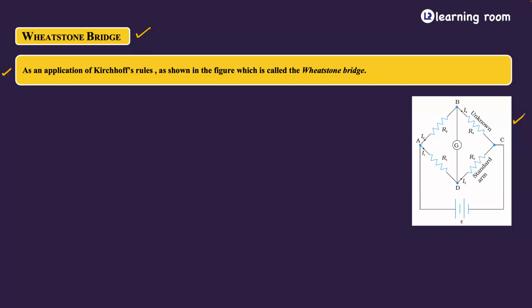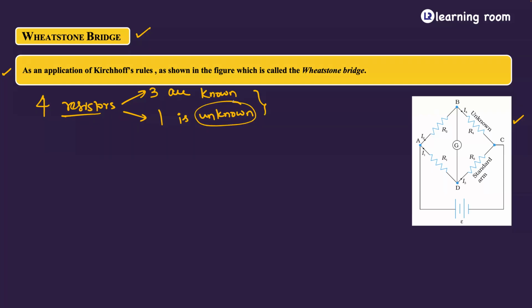Now, why do we even need this kind of circuit? In a real-time scenario, if I give you 4 resistors, out of which 3 are known and 1 is unknown, our interest is to find the value of the unknown resistance with the help of this circuit. We take the 3 known resistors and connect them in the format of a quadrilateral, and the 4th unknown resistor is used to close and complete this quadrilateral.